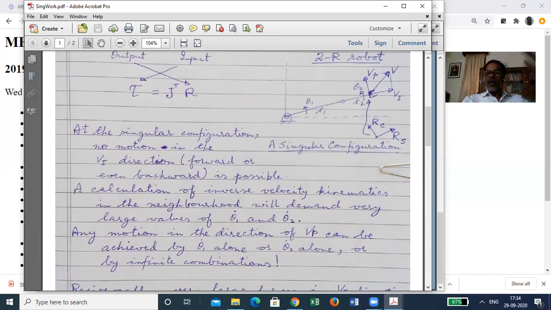So the adversary's push is taken completely by your joints.